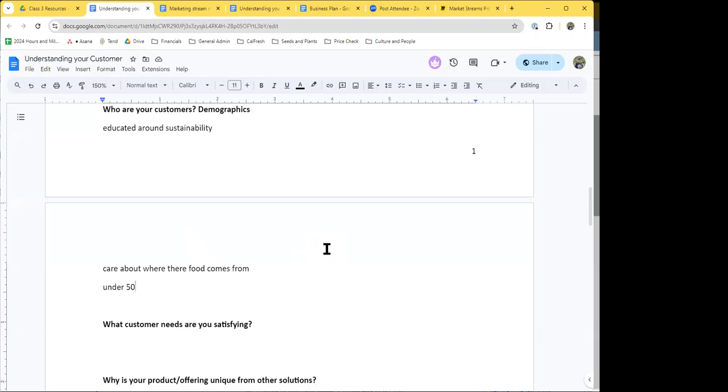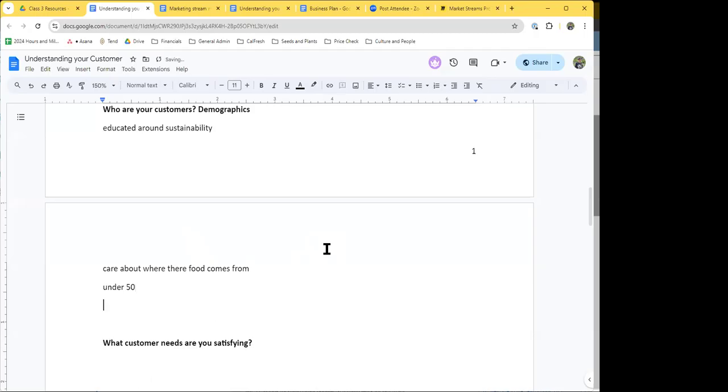Are you saying like the financial means? Yeah, they have the means to shop there. And I imagine someone in a younger demographic, under 50.